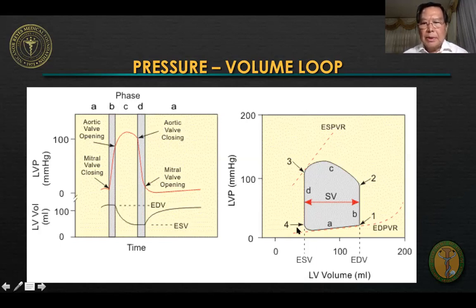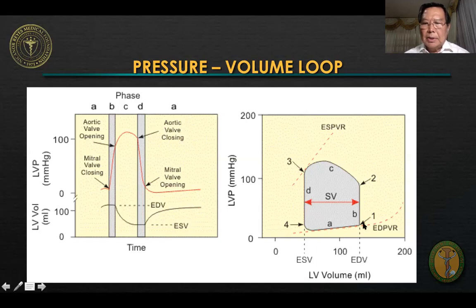And somewhere over here, the mitral valve opens so that the blood again goes from the left atrium into the left ventricle. So there is now a steady increase of blood inside the left ventricle. So this is the pressure volume loop in a normal individual as represented accordingly.